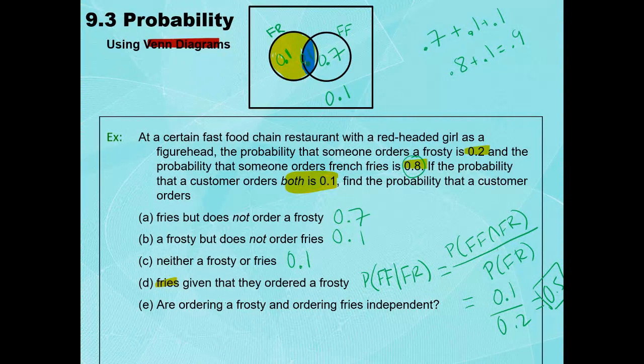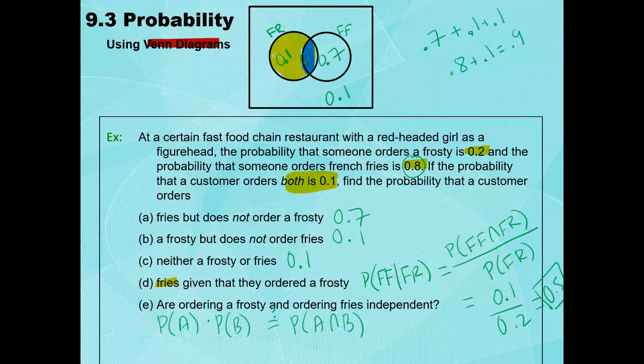Are ordering a Frosty and ordering fries independent? Does one impact the other? Is the probability of A times the probability of B equal to their intersection? Right? It's a good way to figure it out. Does one occurring impact the other?